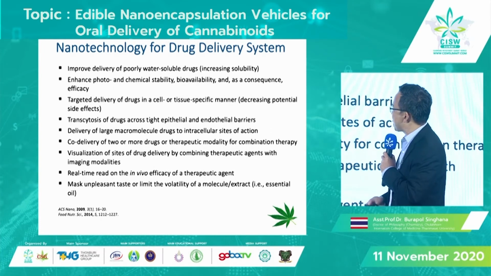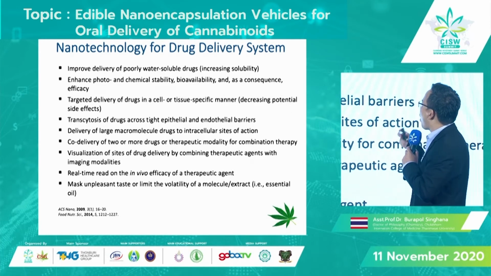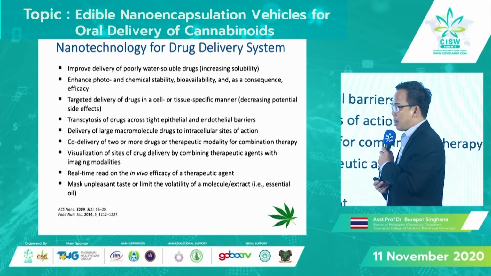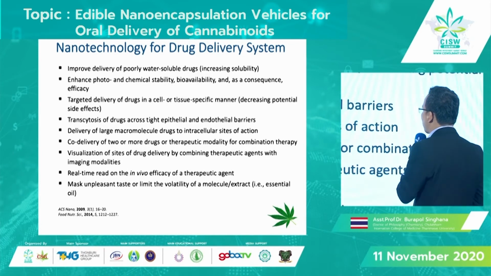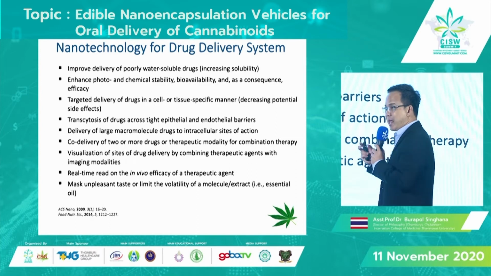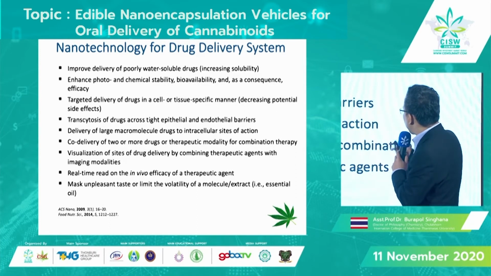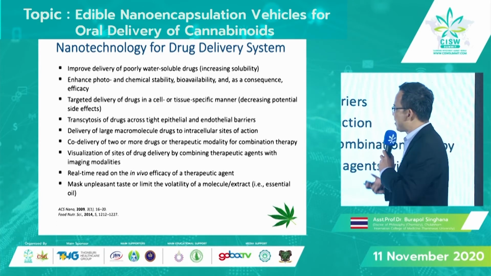First, nanotechnology can improve delivery of poorly water-soluble drugs, which means we increase solubility. Second, nanotechnology strategy can enhance photo and chemical stability. We can protect phytochemicals. That improves bioavailability, and as a consequence, we can enhance efficacy.